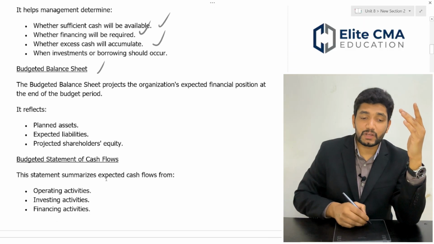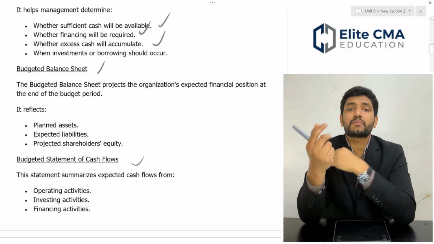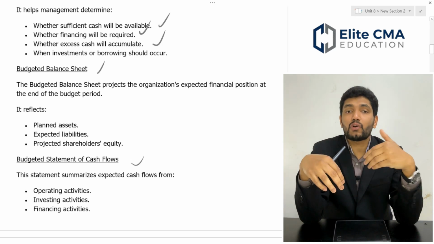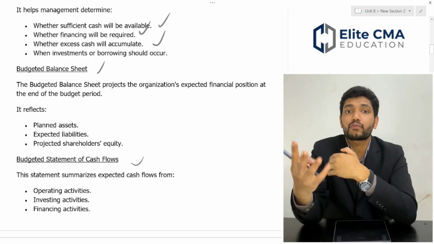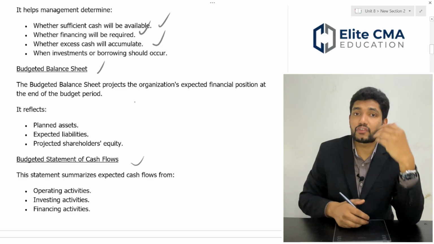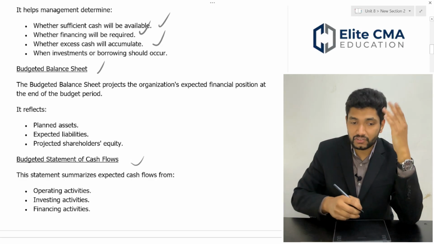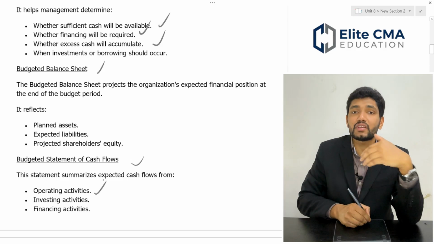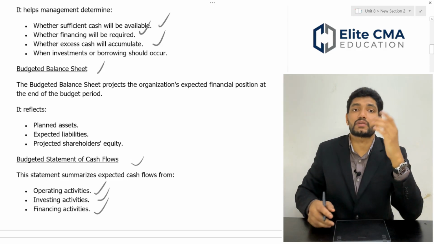Then the budgeted statement of cash flow. We know that the statement of cash flow shows total cash inflow and cash outflow for a period of time, summarized into operating activities, investing activities and financing activities.